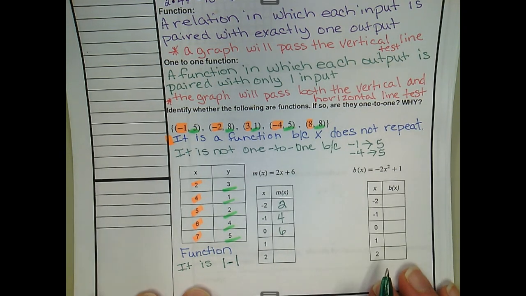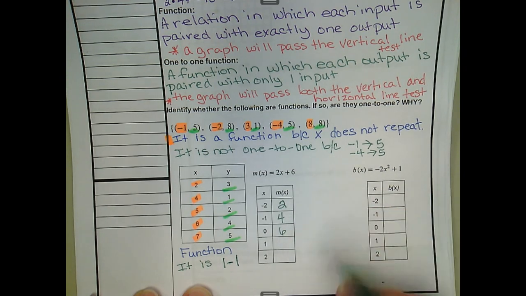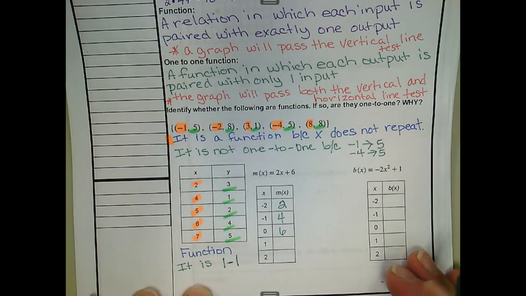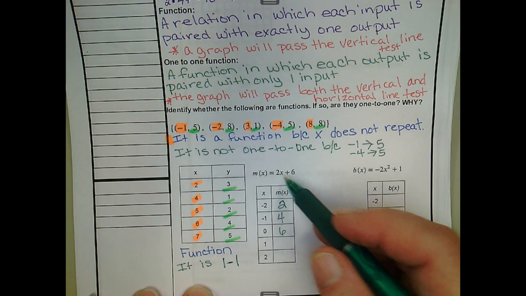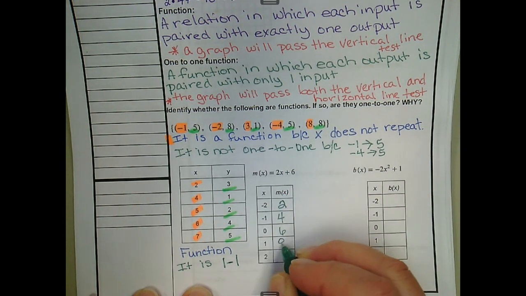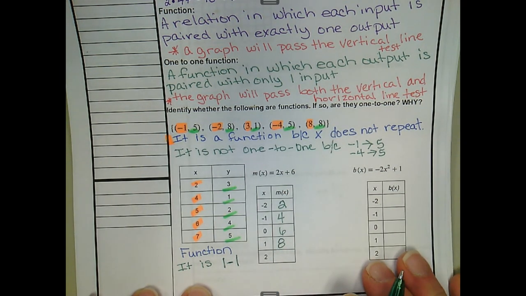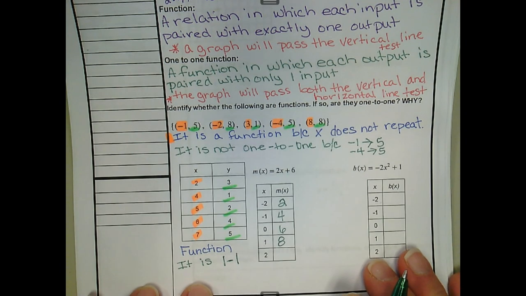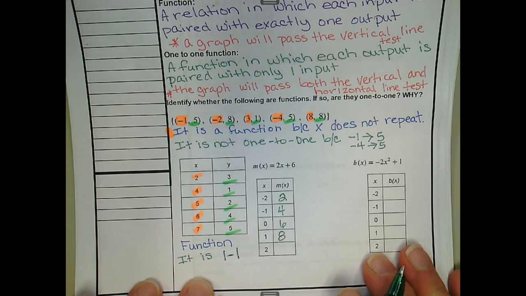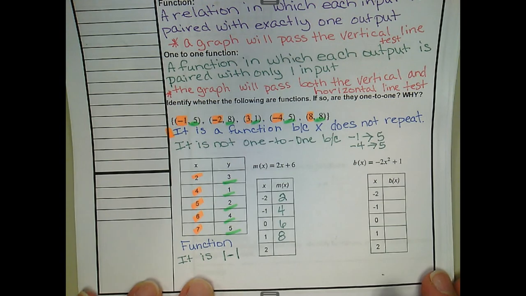Can you see a pattern emerging? 2, 4, 6. Guess what the next number would be? 2 times 1 is 2 plus 6 is 8. 2, 4, 6, 8. What's the next number? It's the same pattern. This is a linear function.